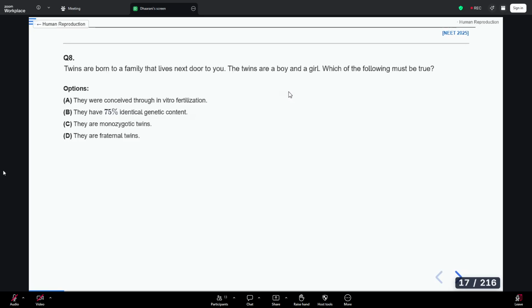Before discussing the answer, explain what a monozygotic twin is and what a dizygotic twin is. Monozygotic, dizygotic.